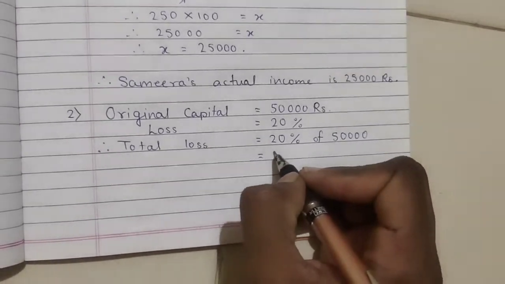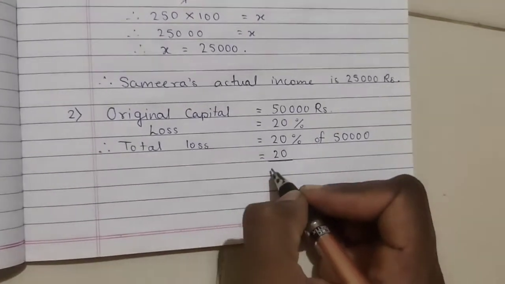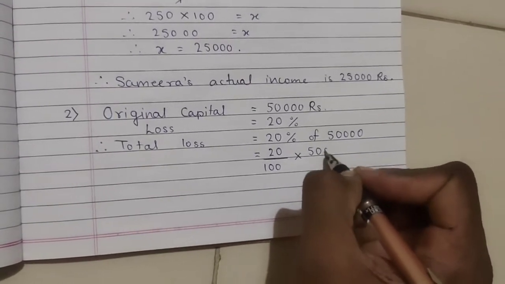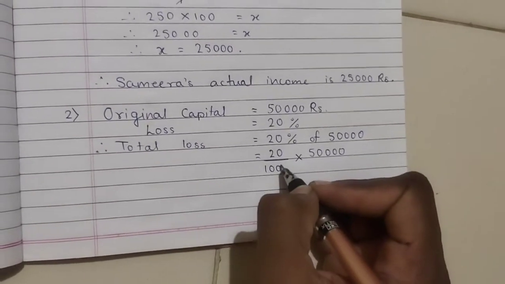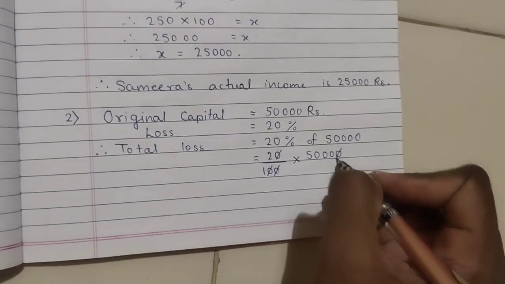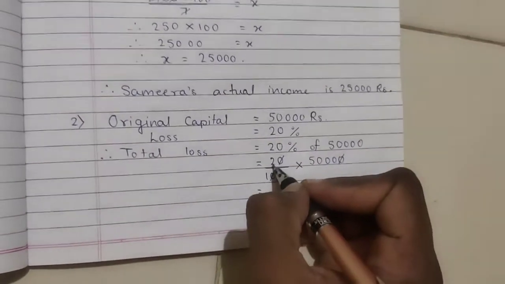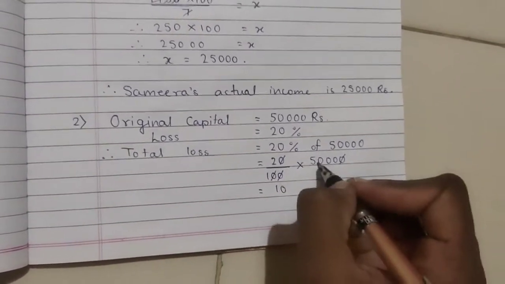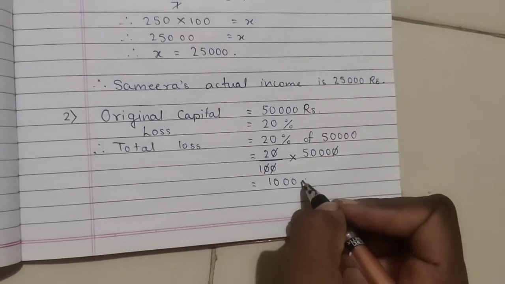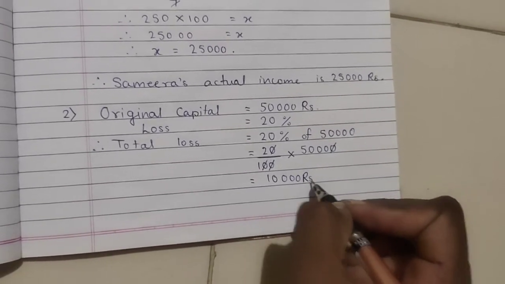Now let us simplify this. 20% means 20 upon 100. Of means into, and then 50,000 is there. Now 10 cancels with 10. Again 10 cancels with this 10. Now 2 fives are 10 and 3 more zeros are there. So 10,000 rupees.